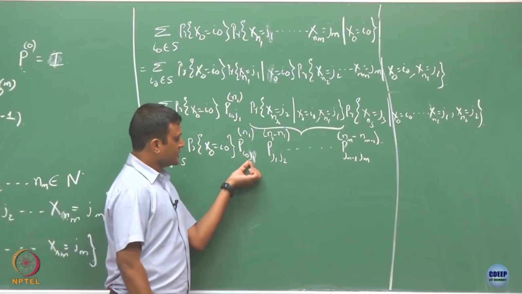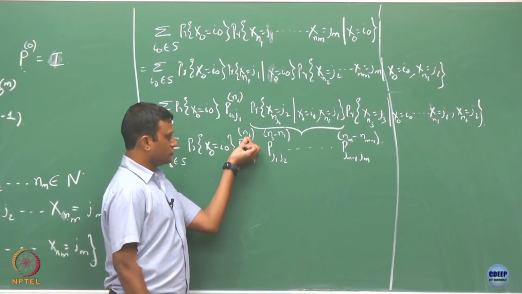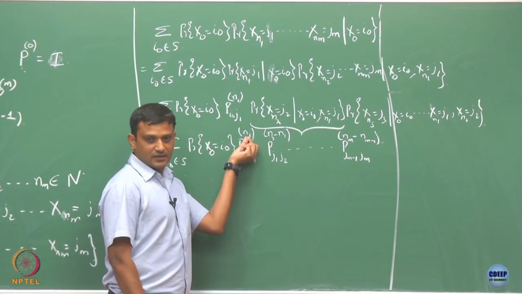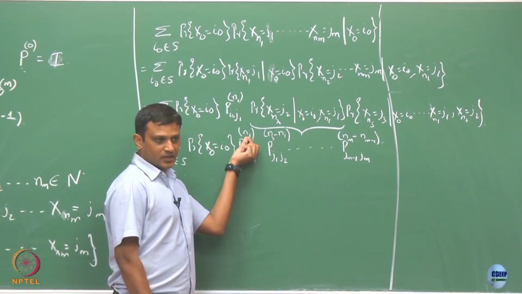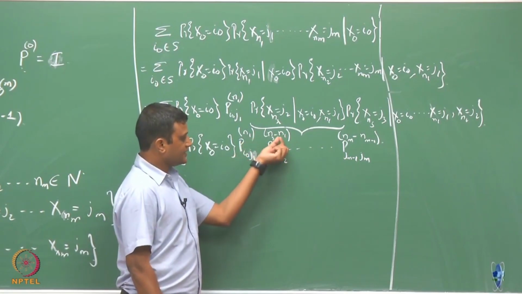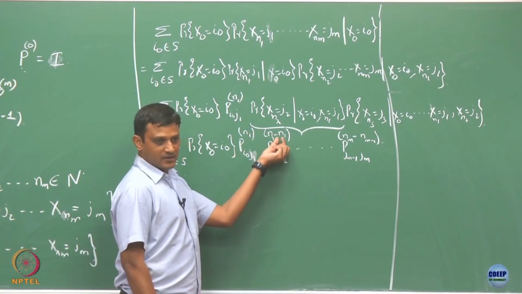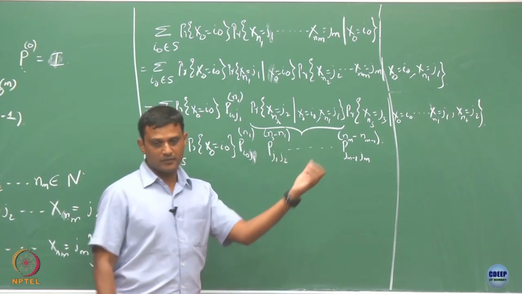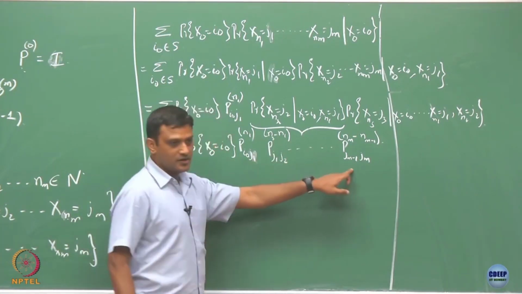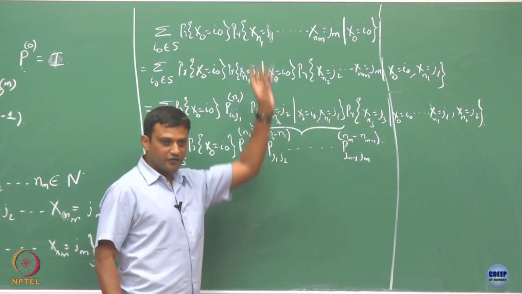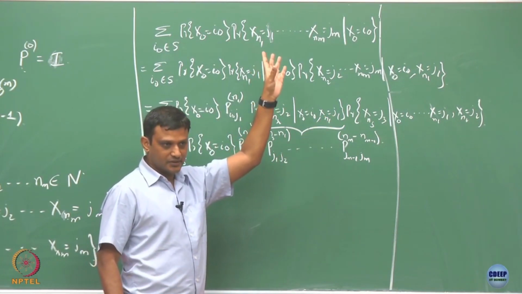Now each of the terms here, p i0 i1 with superscript n1, this is an n1 step transition probability matrix, and similarly this is an n2 minus n1 length step transition probability matrix.